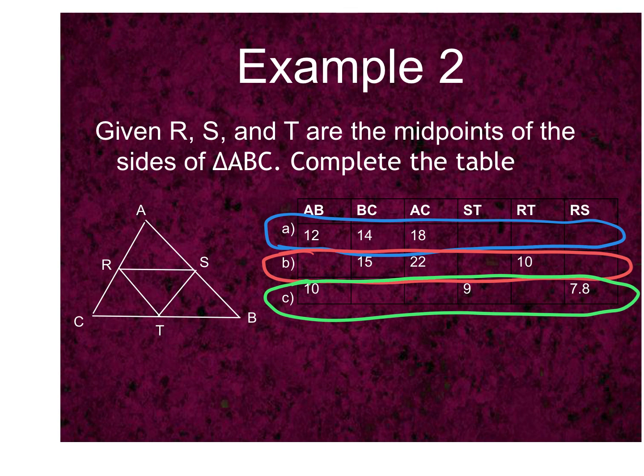So let's start with AB. If AB is 12, so if this length is 12, what length do I now know in the mid-segment? Which mid-segment do I know? Yep. It's not ST. It's RT.